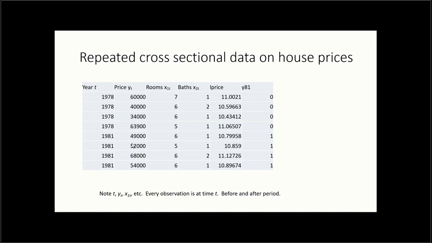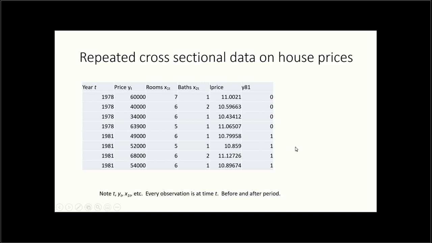And so here we can talk about the model where the house price depends on how many rooms a house has, how many baths, and so on. This variable is the logarithm of the price variable. And one variable that we can create that's very important in these models is the dummy variable, where we can say equal to 0 if it's in the before period and equal to 1 if it's in the after period.